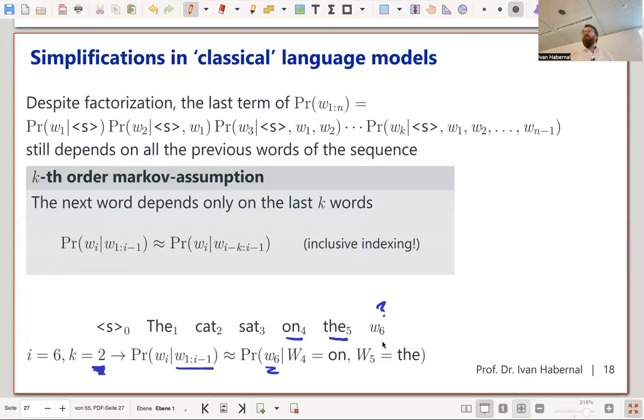Is it good or bad? Will it work? What do you think? For this example, it will have difficulty predicting the word.